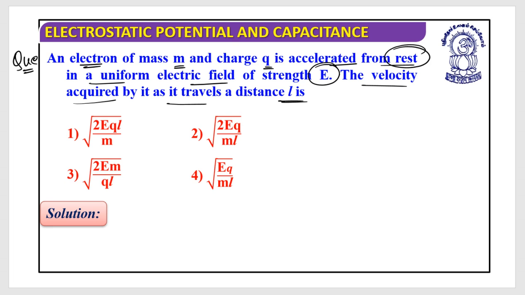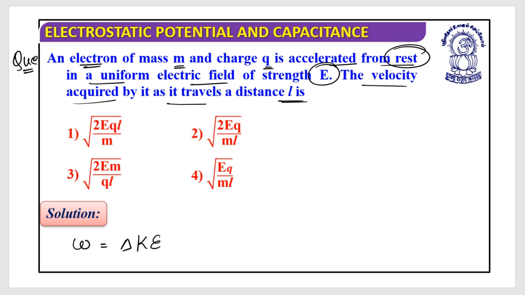So what can you do? What is your mind thinking? I know that work done is equal to change in kinetic energy. I hope you remember, it's the work energy theorem that you might have been taught in class 11 in the work, power and energy unit.